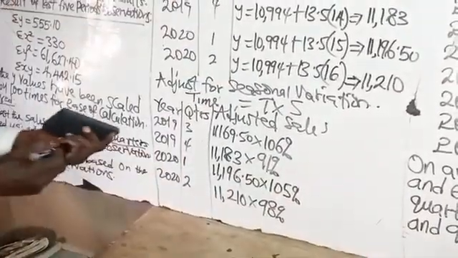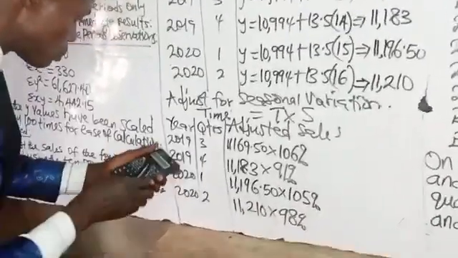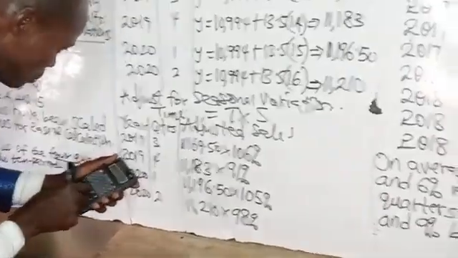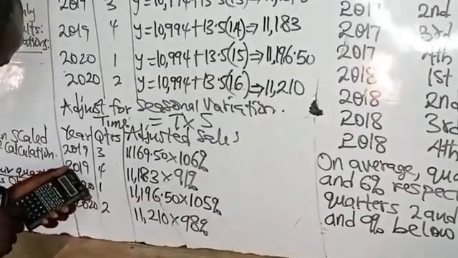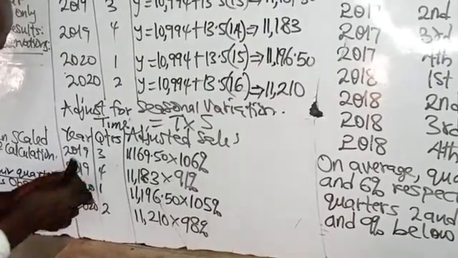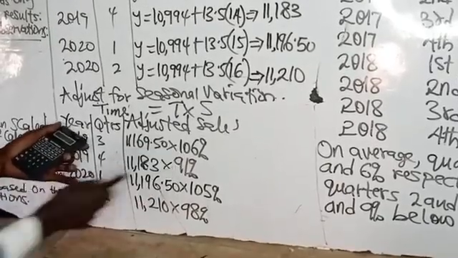91%. Now, our seasonally adjusted sales will be 11,169.5 times 106%. It means you will need to multiply, then divide the result by 100.